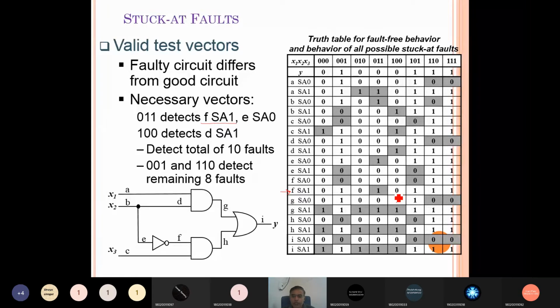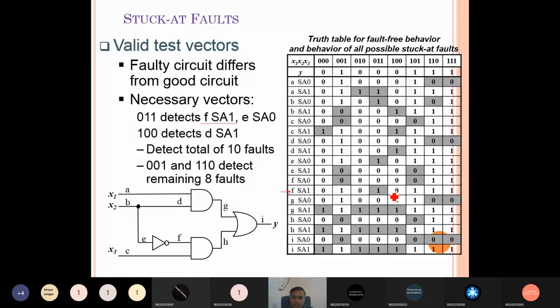In the tabulation method, when we find the prime implicant, hope you recall it, right? To find a prime implicant, we keep the product term which is present in only one of the functions, right?